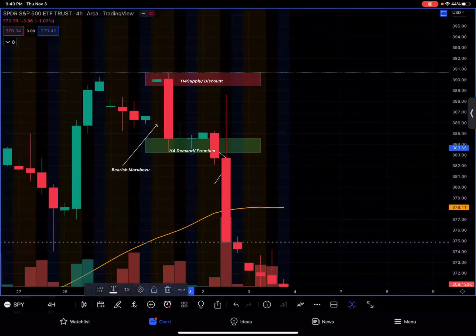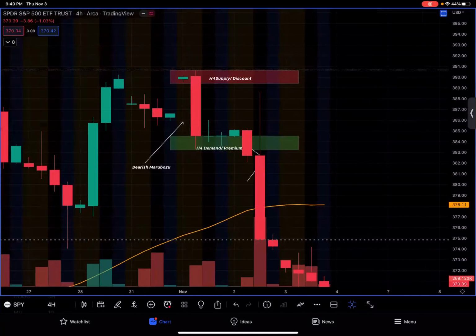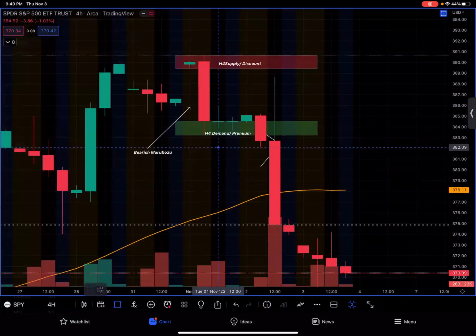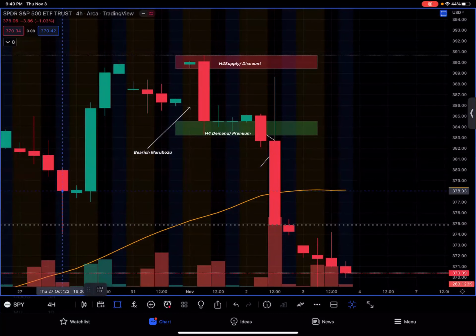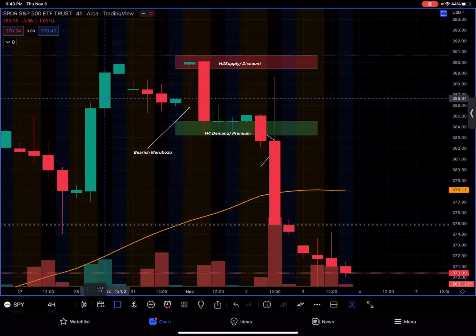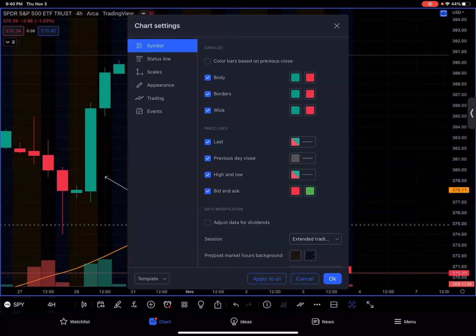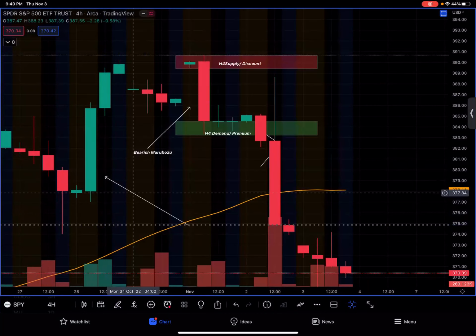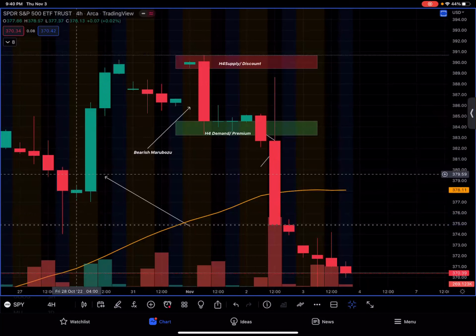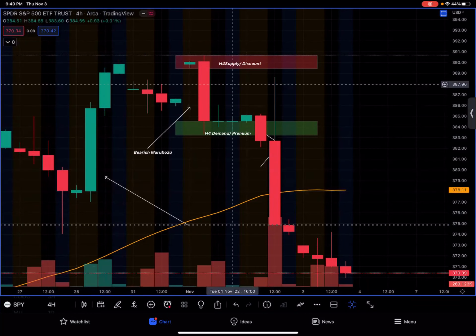We can look to the left and see the first up candle before that aggressive push to the upside. This time we have a bullish Marubozu candlestick. Both of these candles have left behind inefficiencies. There's an inefficiency left behind here somewhere. There's an inefficiency left behind here somewhere. Okay.